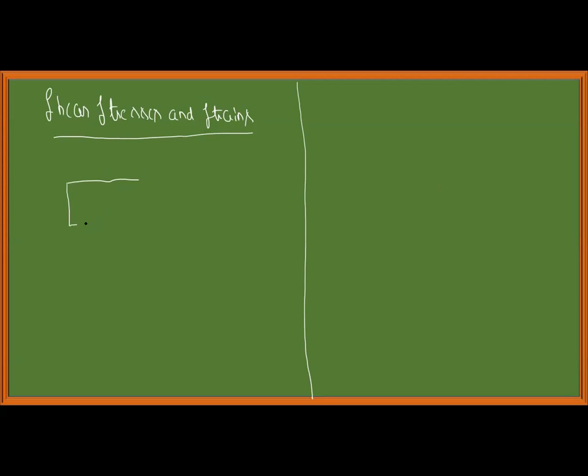I will consider a bar which is subjected to axial loading like this, P. Now, if I take the cross section like this, due to this P, there is an internal resistant force set up, and the resultant of this internal resistant force I will call F. On the other side, there will be an equal and opposite internal force set up throughout the area of cross section, which I will also call F.